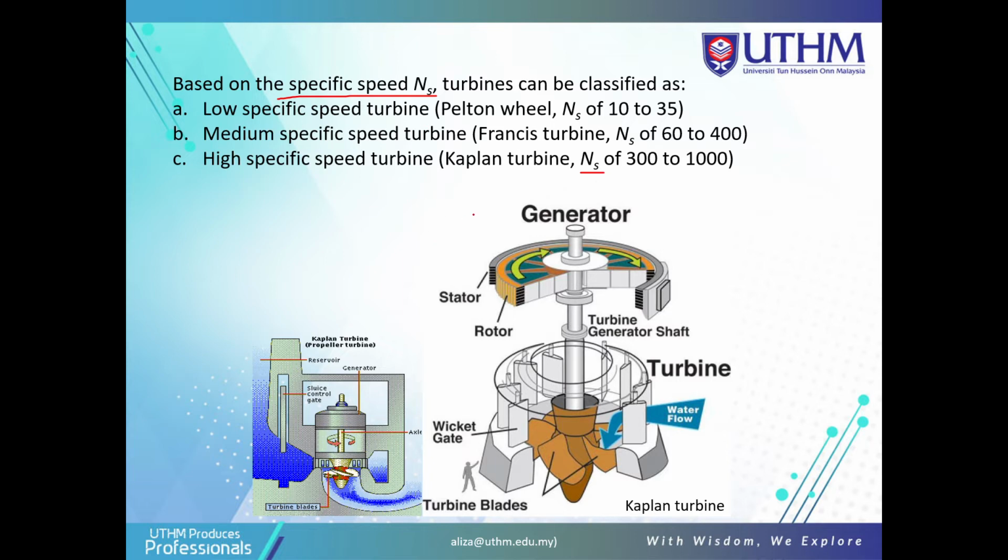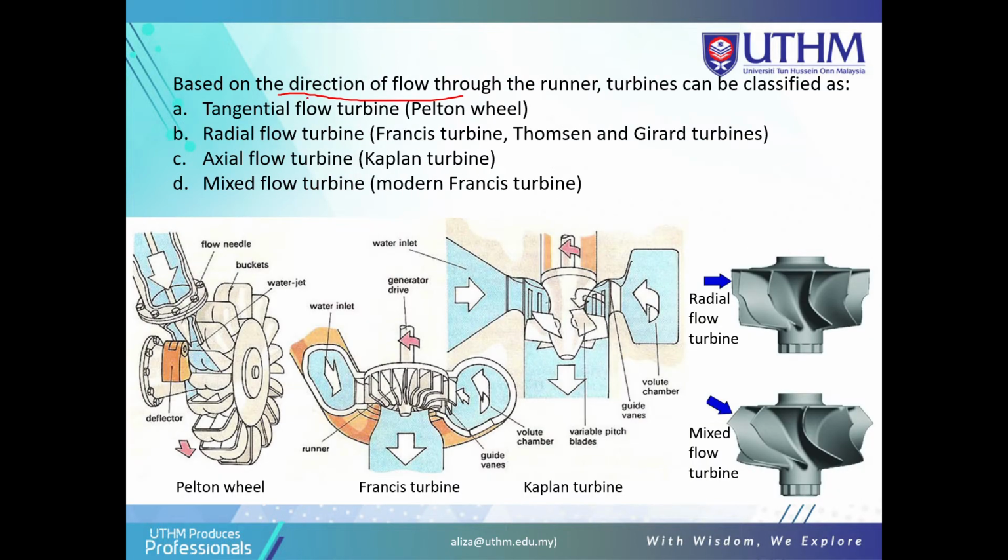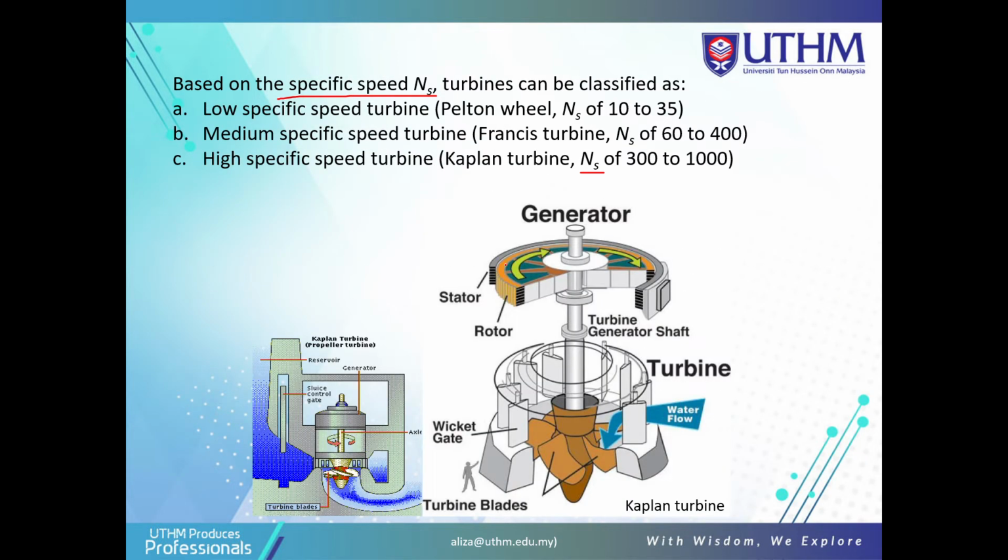So you can mention and explain based on this type: based on specific speed, based on the head of water, and also direction of flow. So you can explain the three differences of these turbines. This is based on the theory, and usually most questions come out like that. So you just read this theory.